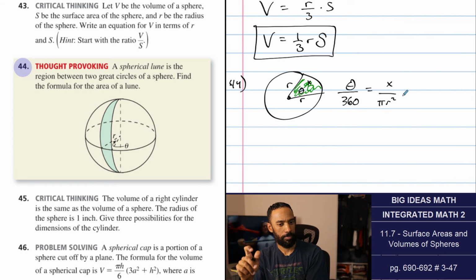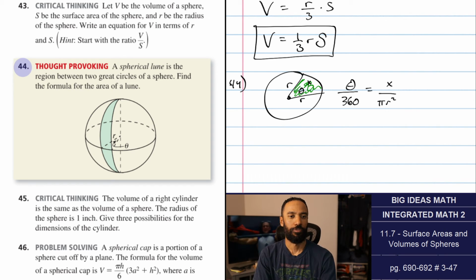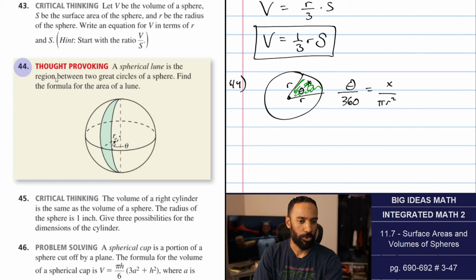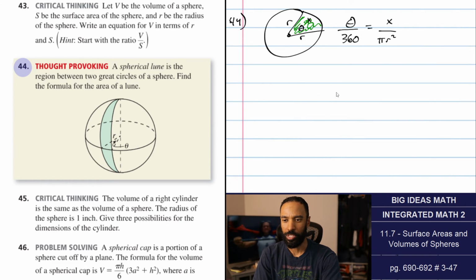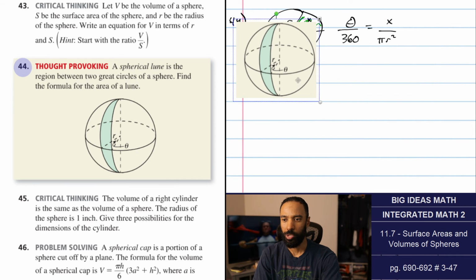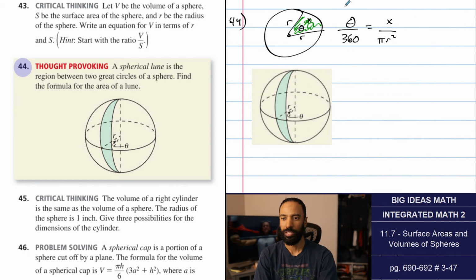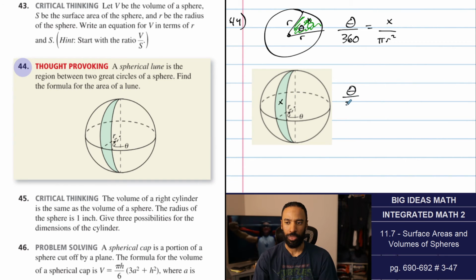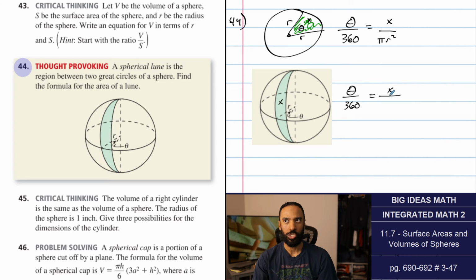Let's use that concept, but for the sphere. So for the sphere, we do the spherical loon. We could say whatever fraction we have out of 360, whatever theta is out of 360, this x, I'll call this x as well, is out of the surface area of the sphere, so 4 pi r squared.